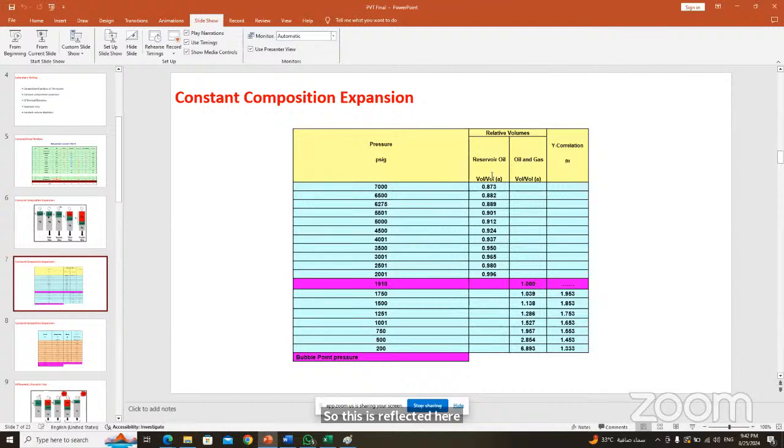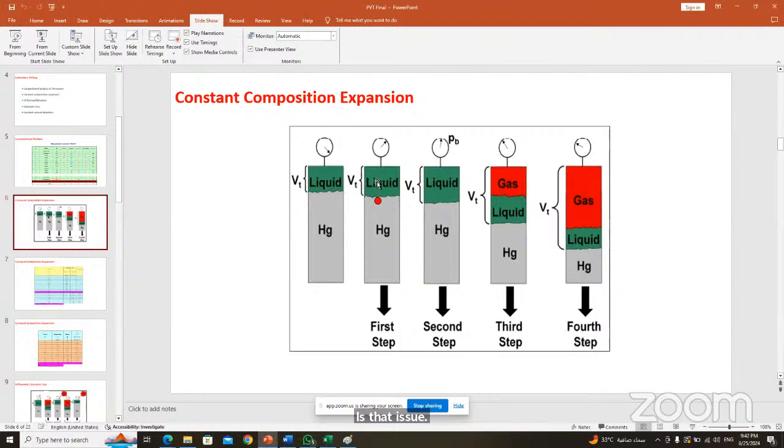This is reflected here in the table. We have something called relative volume. Basically, the relative volume is the ratio between the volume of the cell at any of these conditions to the volume of the liquid in the cell at the bubble point. So the maximum volume for the liquid is at the bubble point.